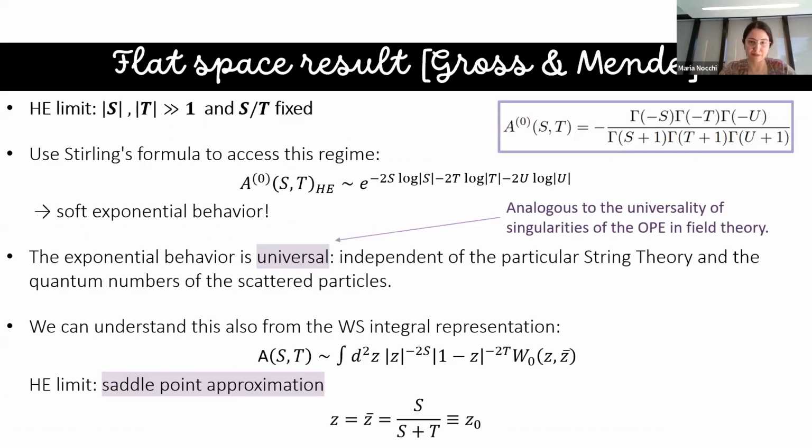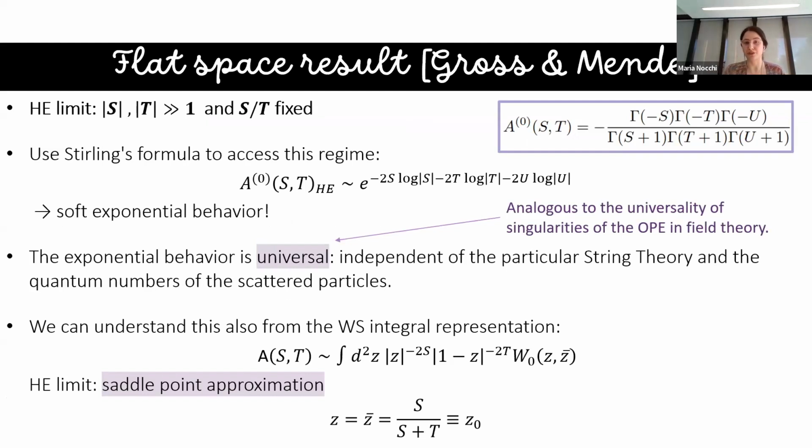Let's review the flat space result, because as for the low energy description, this will be very naturally leading us to the AdS part. The high energy limit is defined by taking large S, large T, but you fix S over T. So S over T is kind of the angle of the scattering.